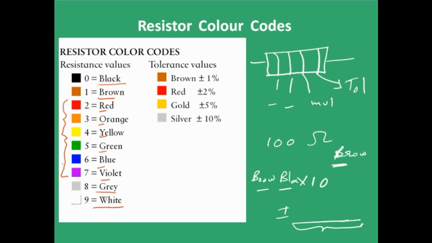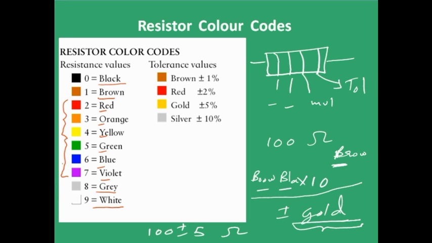And finally, if there is some, say, gold here, what does gold mean? Plus or minus 5%. 5% of what? 5% of this resistance value. So 5% of 100 is 5 itself, so plus or minus 5. Finally, you should write the resistance value as 100 plus or minus 5 ohms.